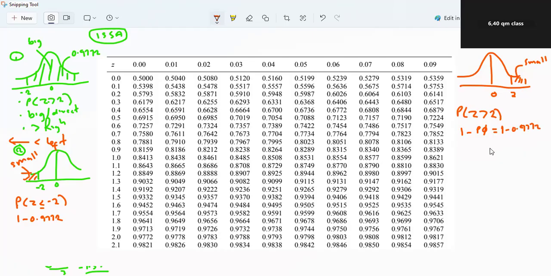Okay. What else can you tell me about this? Reading is small, which shading to the left. All right.